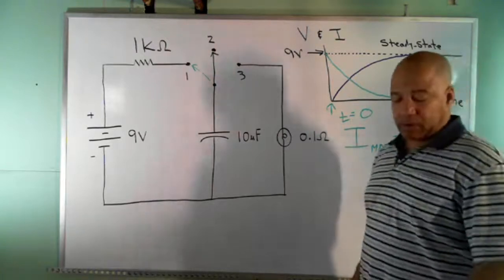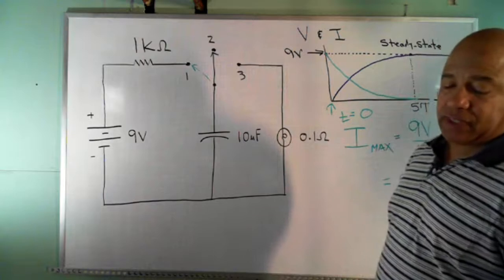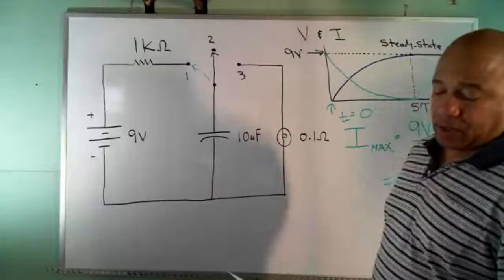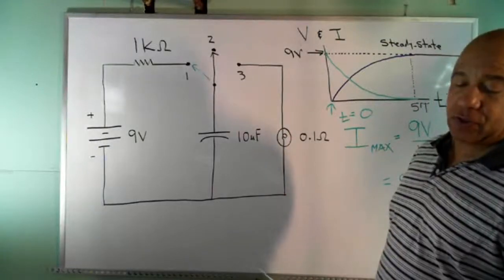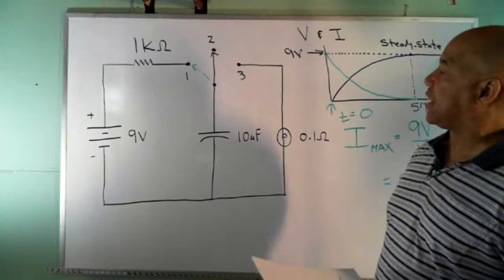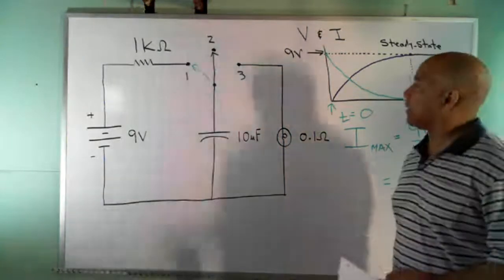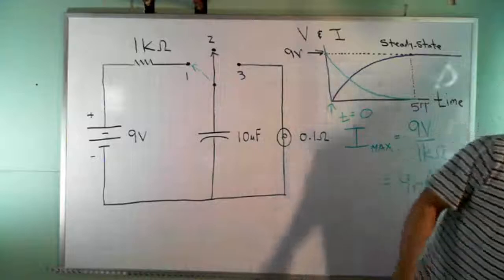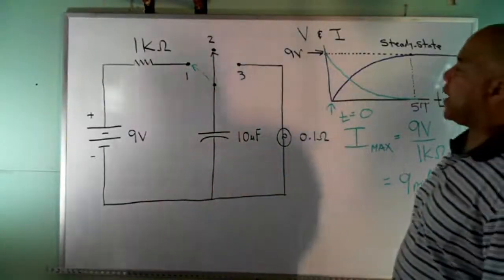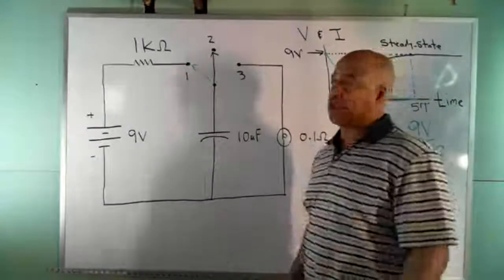All right, so the next question is, how long in seconds will it take C1, I don't have this label C1, but how long will it take the capacitor to fully charge? So they want to know how many seconds is it going to take that capacitor to fully charge. So don't answer, just go ahead and calculate the answer and then we'll talk about it. So we moved the switch from position 1 to position 2, and now we're going to wait for it to charge up.